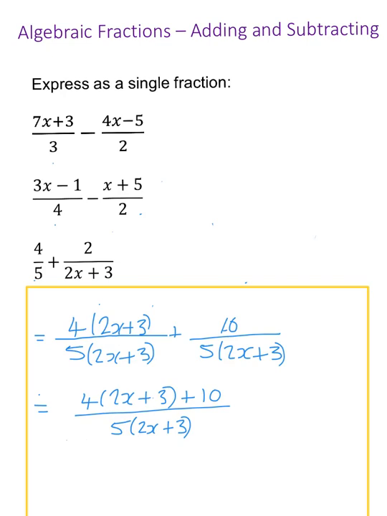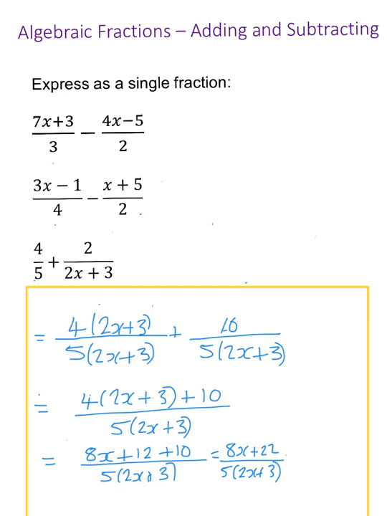I'm not going to expand my denominator just yet, I don't need to, because I might be able to simplify further at the end. So expanding my bracket there will give me 8x plus 4 times 3 is 12, plus 10, over 5 bracket 2x plus 3, which in the numerator will give me 8x plus 22 over 5 bracket 2x plus 3.